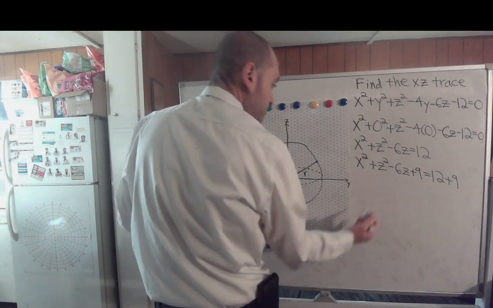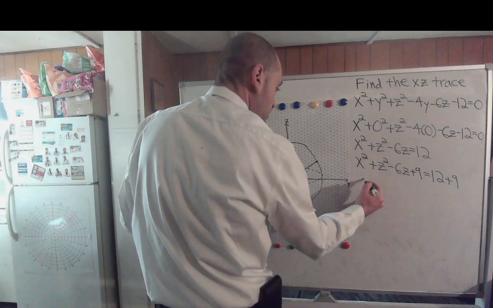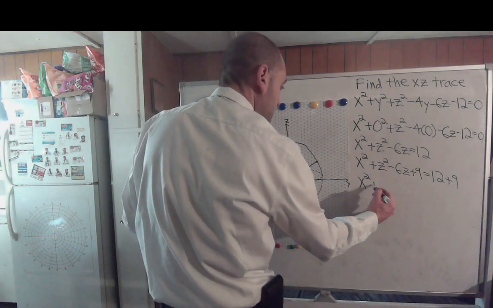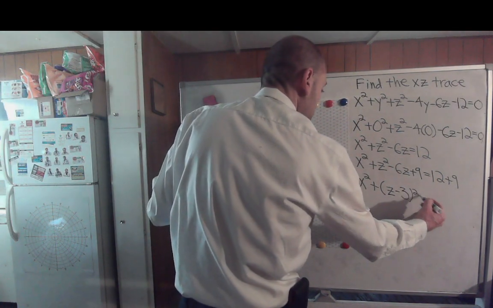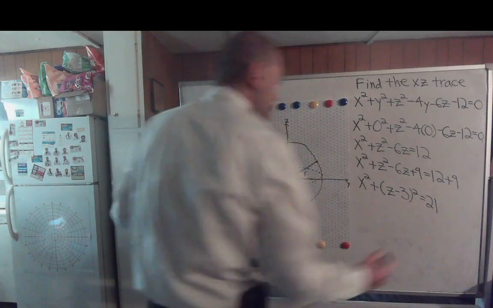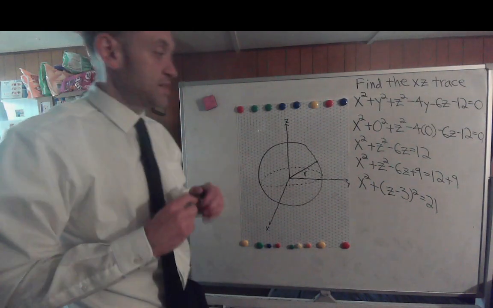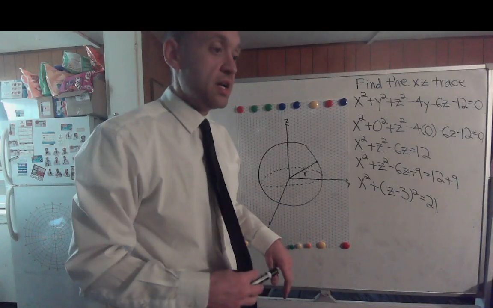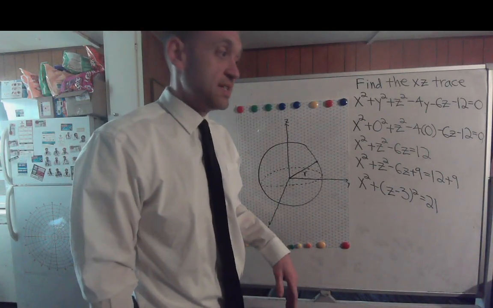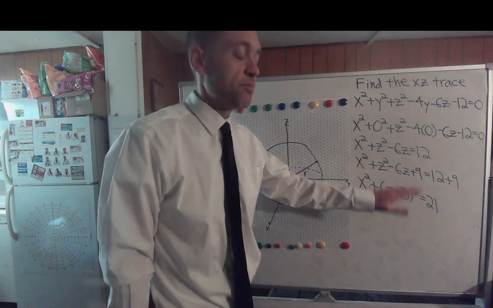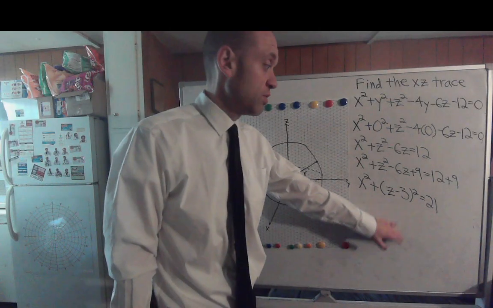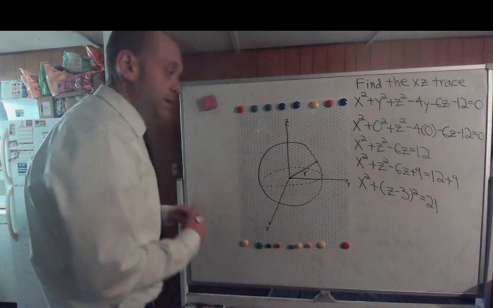So when we factor this in final form, you'll end up getting x squared plus the quantity z minus 3 squared equals 21. So the xz trace of this sphere is going to be a circle in the xz plane with the equation x squared plus the quantity z minus 3 squared equals 21.